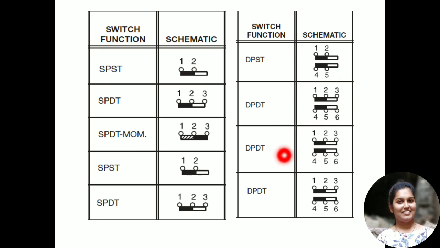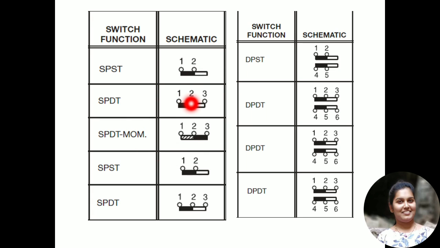So these kinds of switches, based upon the number of poles or number of connections that they can make, the representation will be like this. For a single pole single throw, a slider switch will be like this. It will have two contacts, and for single pole double throw we can have three terminals.